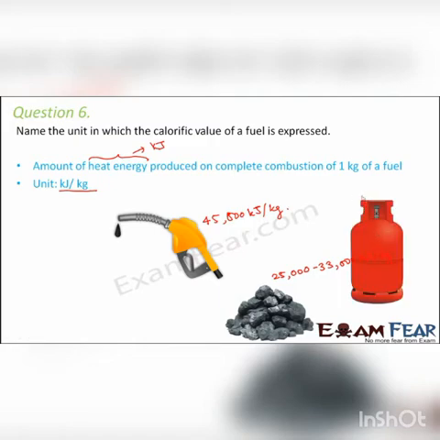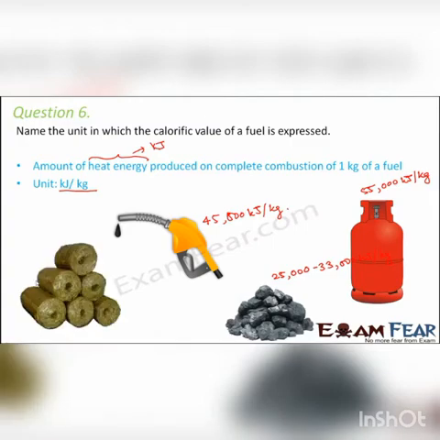You take the example of LPG. For LPG, it is 55,000 kilojoules per kg. So 1 kg of LPG on complete combustion will produce 55,000 kilojoules of heat energy. Biogas has a calorific value of 35,000 to 40,000 kilojoules per kg.